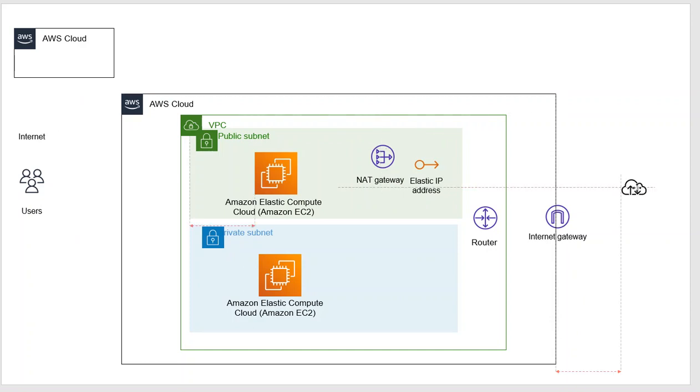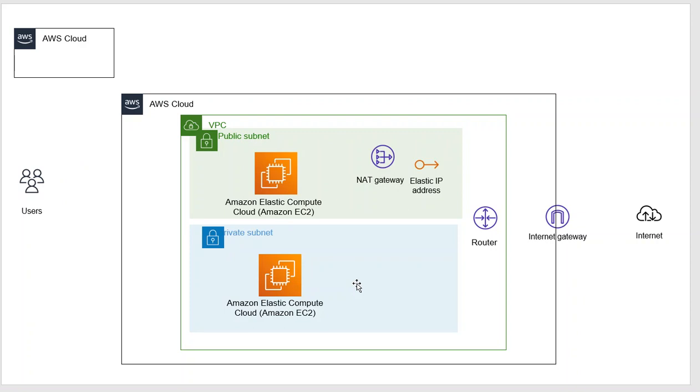So you are accessing the system through the internet, and some users should access your EC2 system. Let us say the private EC2 instance. Okay. So this is the overall diagram that we can talk about.